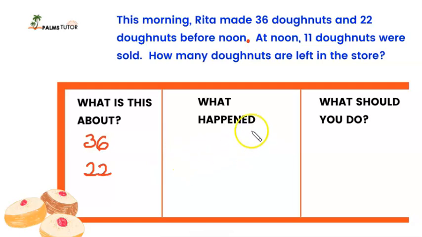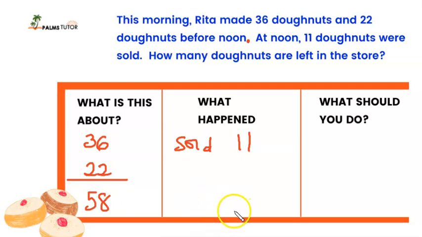So, what happened? At noon, 11 donuts were sold. So they sold 11. How many donuts did we start with, by the way, before noon? These two. Is that not so? We have 58 donuts.